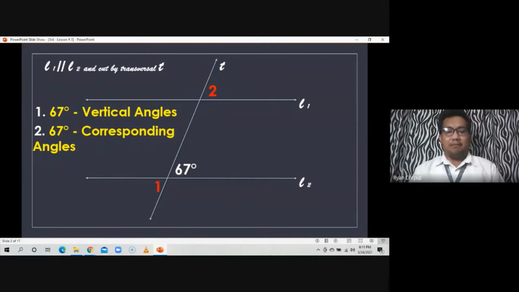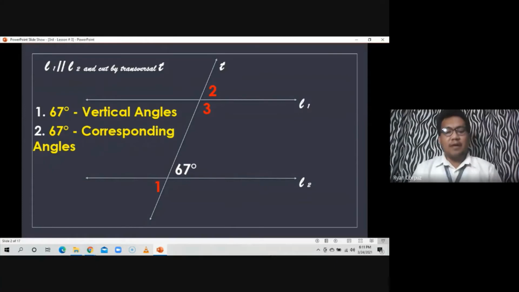So just like vertical angles, if you are going to talk about the measurement of their angles, they are also congruent in measure. So whatever the measure of the given angle, 67 degrees, that's also the measure of angle 2, because they are corresponding angles.